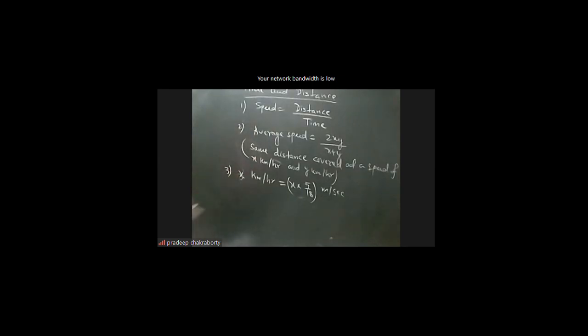See, now if you want to convert kilometer per hour into meter per second, you multiply it with 5/18. Similarly, if there is y meter per second, and you convert it into kilometer per hour, you have to multiply it with 18/5.